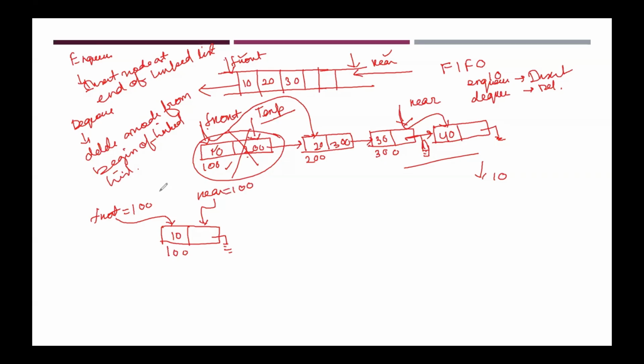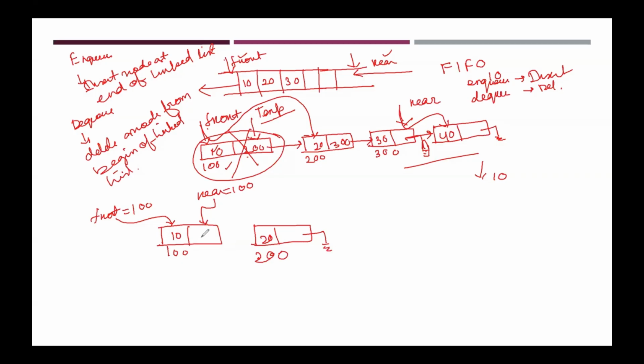Both pointers. Next element we want to insert. So we create a node and store the value 20. Then this one is null. This is the minimum we have to do. Then we check whether front is equal to null. No, if front is not equal to null, it means data is already present. So here, simply, we have to make the rear next point to this value.